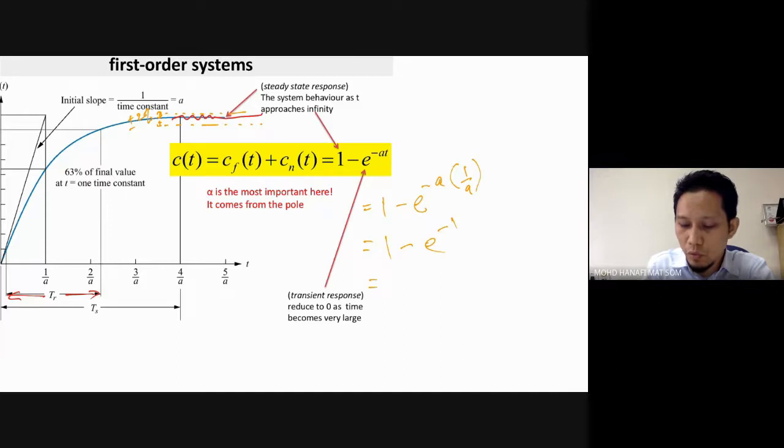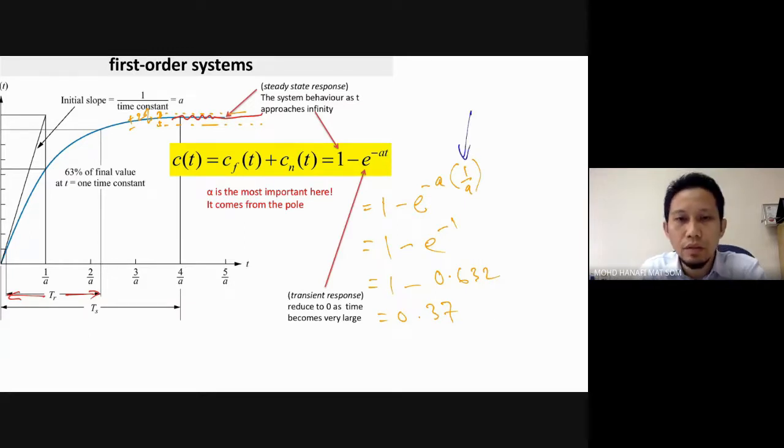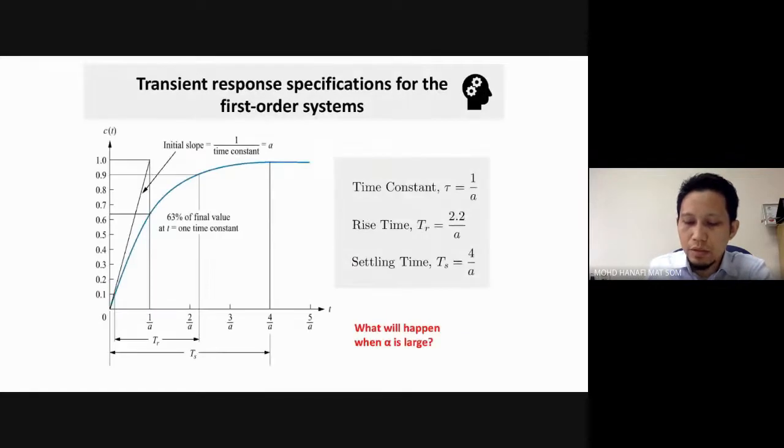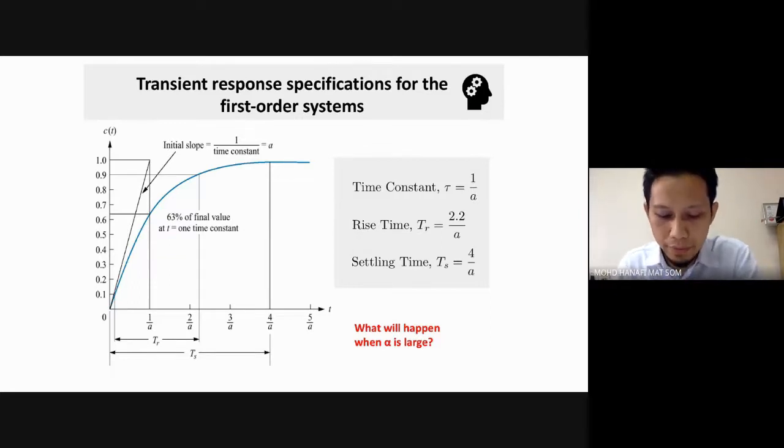What you get is 1 minus 0.37, which is 0.632. So the time constant is actually this expression here, 1 over a. Okay. So for the time constant, tau equals 1 over a.